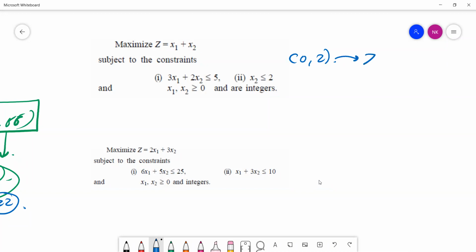And your maximization value will be 2. Okay, so just start doing the second question, second part.